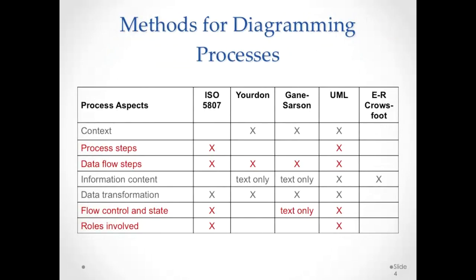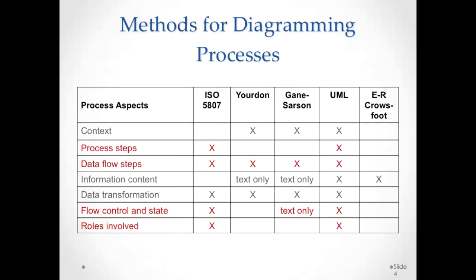One thing I'll say that we mentioned with UML is that the UML formalism over here, that's the column with all the X's, Unified Modeling Language was really built out of a lot of predecessor formalisms for diagramming both process flow and data flow and other aspects of information that a programmer needed to know when they were developing a new information system.